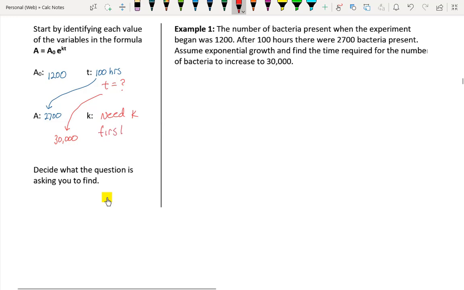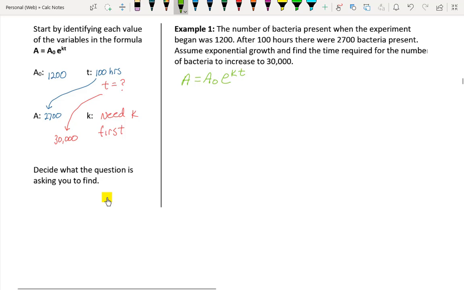All right, so I'm going to go back to my equation that we talked about on the other side, and I'm just going to look at that. A equals a sub 0 times e to the k times t. Now, the only way I can solve for k first is if I can plug in something for every other variable in here. So I've got a sub 0, and I've got t. E, remember, is just a number.